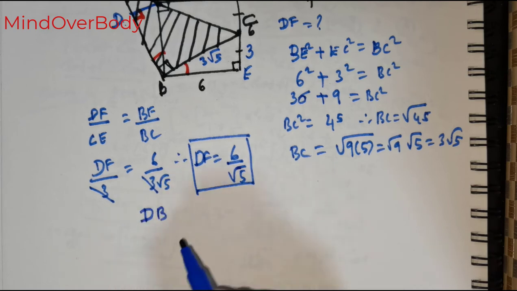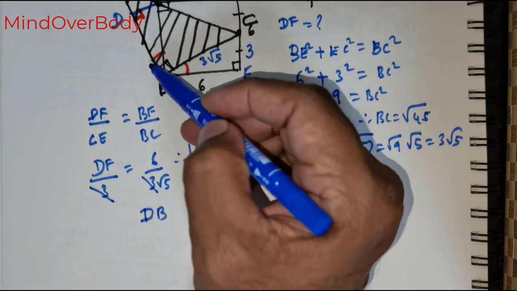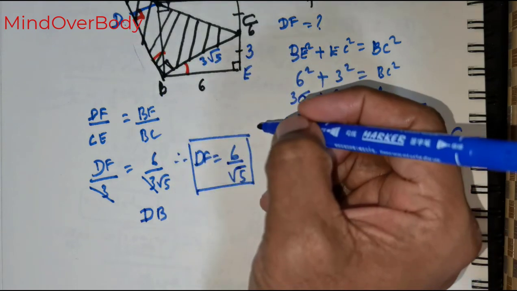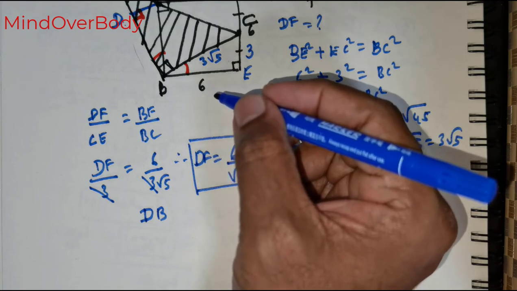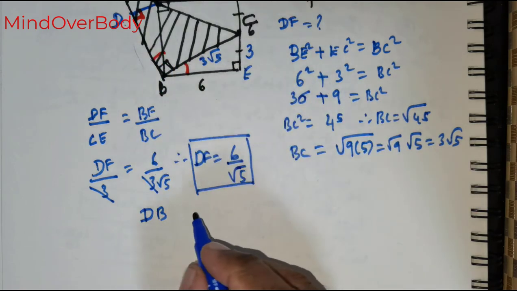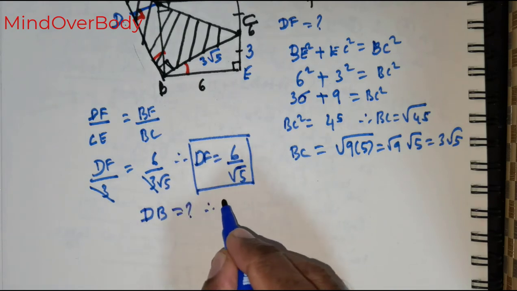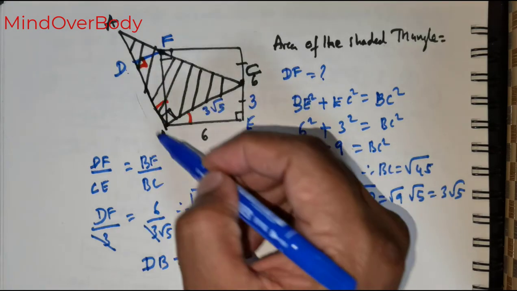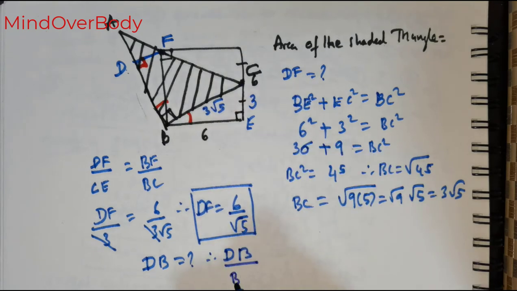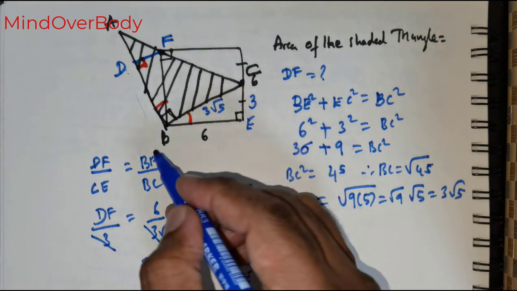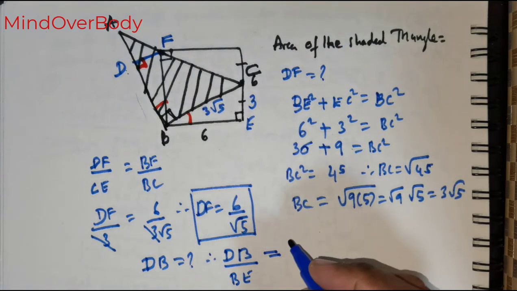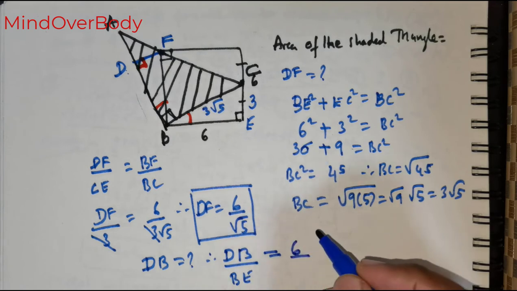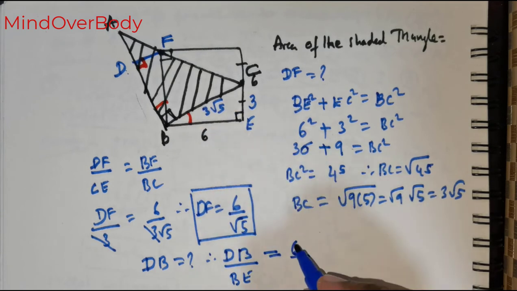Right, so this is the adjacent side. So if I were to compare the adjacent sides, this adjacent side with this adjacent side, so therefore I can safely write, right, DB divided by BE, this divided by this, is equal to, again I can have the hypotenuse side, 6 divided by 3 times root 5, right?